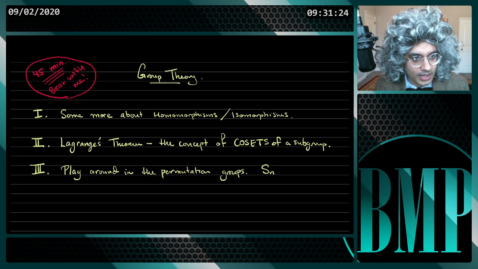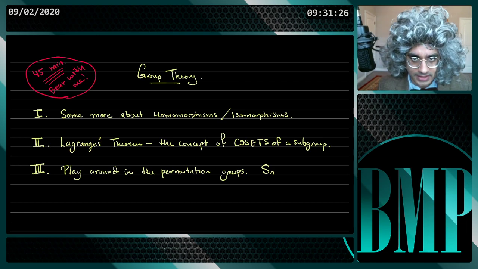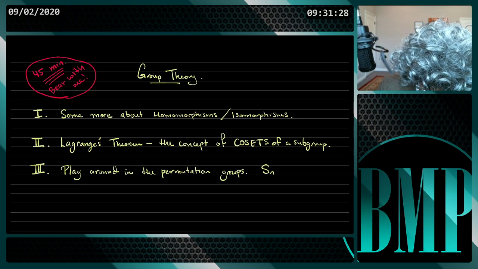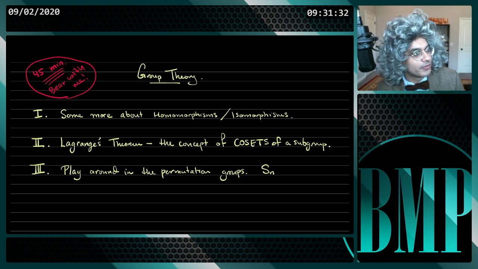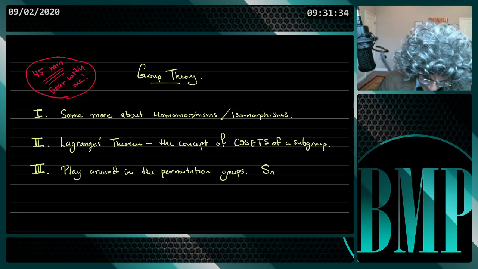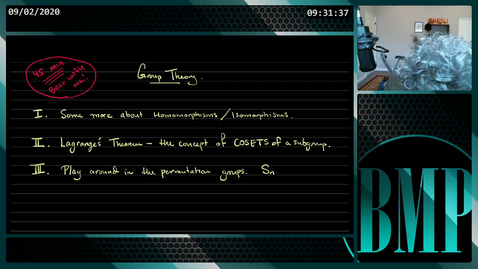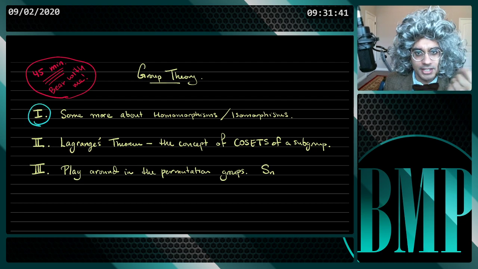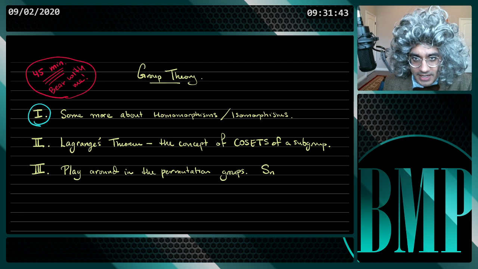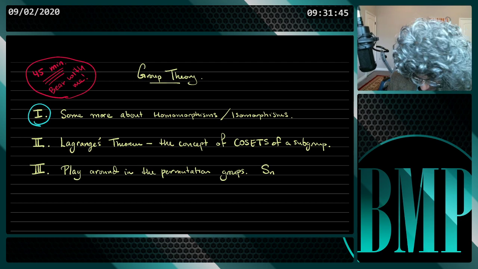Okay, so I want to talk about 3 things today. I feel like this rule of 3 seems to be good for this 45-minute fast lecture thing. So the first thing is I just want to keep talking about homomorphisms and isomorphisms between groups.